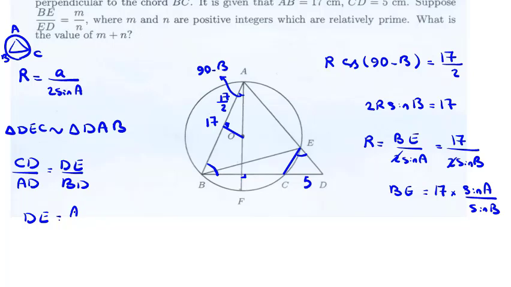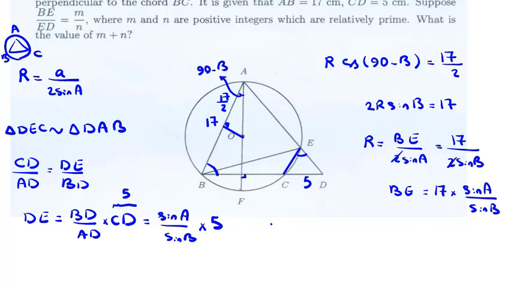So DE equals BD over AD times CD. CD is 5 and BD over AD, you can say is sine A over sine B, times 5.